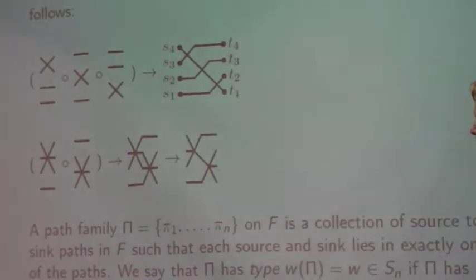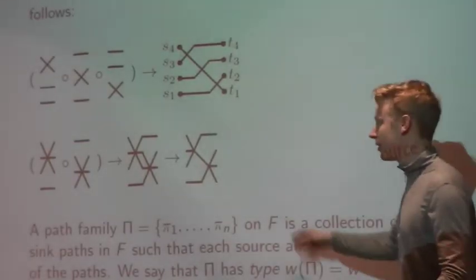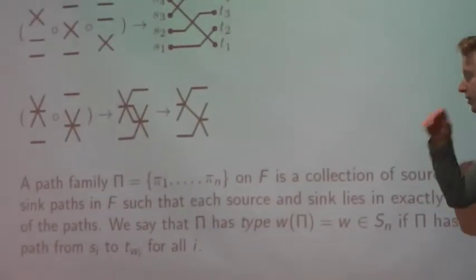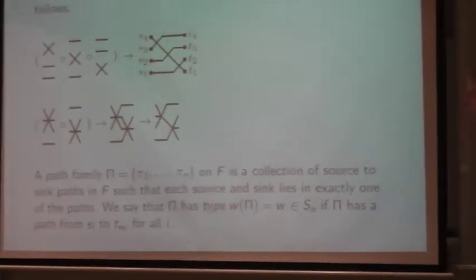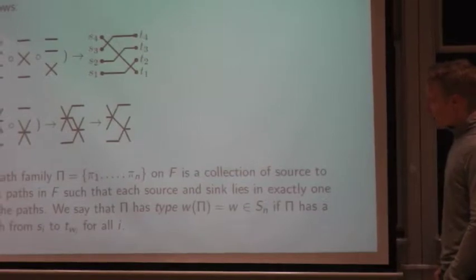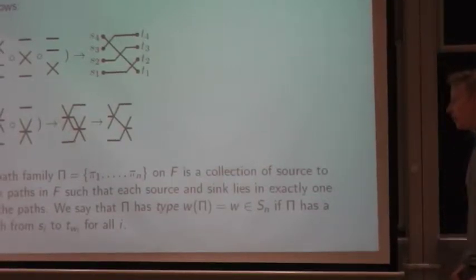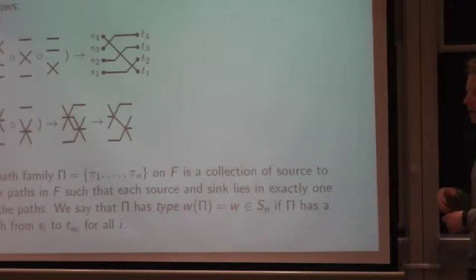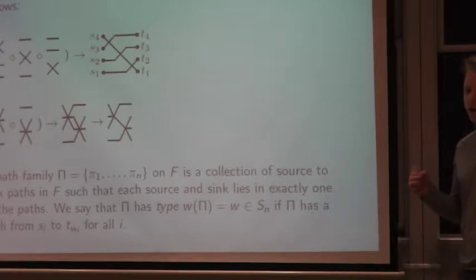Okay. And so this descending star network is just anything you get by doing this. So, a collection of stars. Okay. And a path family on a planar network is a collection of source-to-sink paths in the planar network. So you've got n source-to-sink paths, so that each source and sink lies in exactly one of the paths.